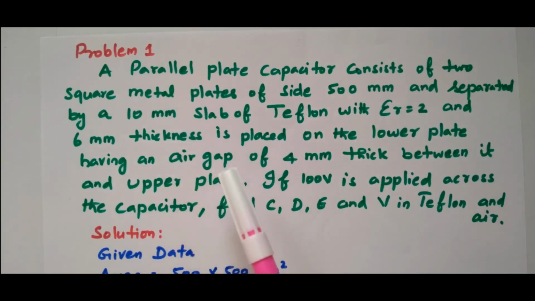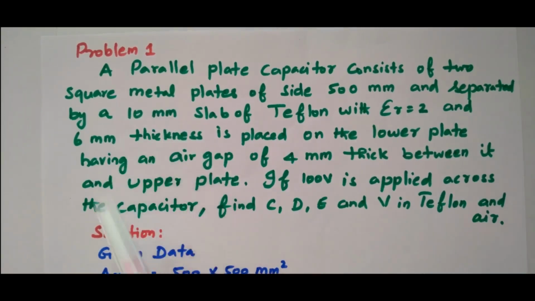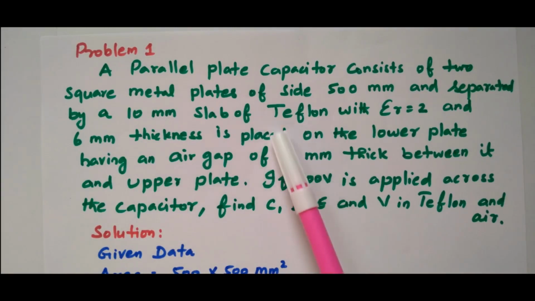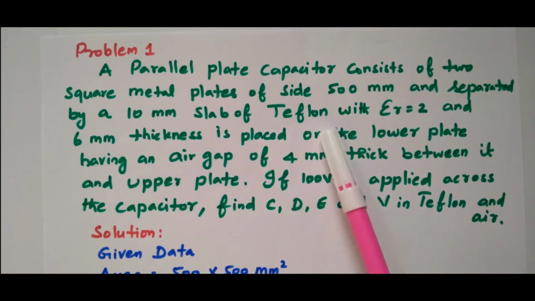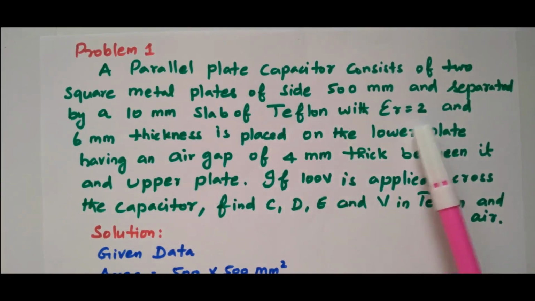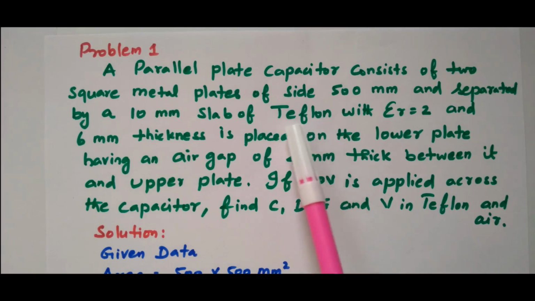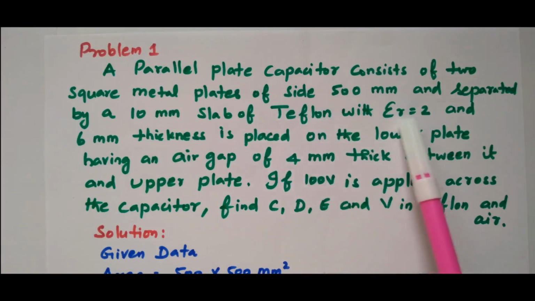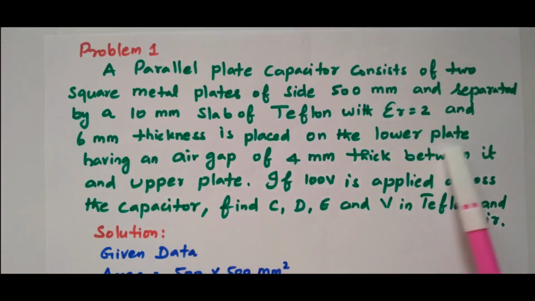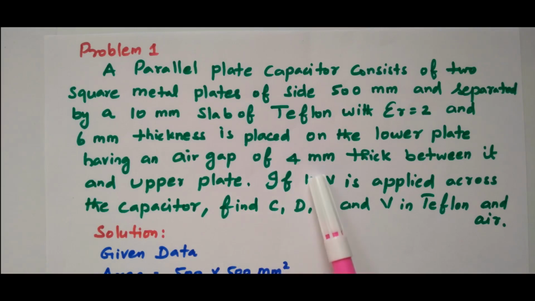The distance between the two plates is 10 millimeter. In this, the Teflon is available with epsilon r equal to 2 for a thickness of 6 millimeter. Out of 10 millimeter, 6 millimeter is the dielectric material Teflon with epsilon r equal to 2, and is placed on the lower plate having an air gap of 4 millimeter.